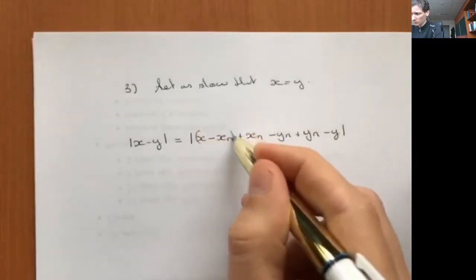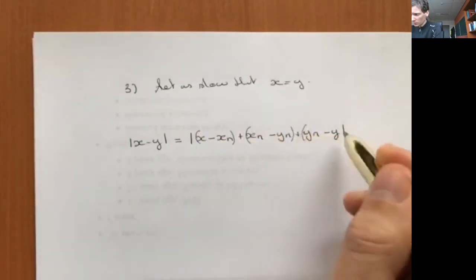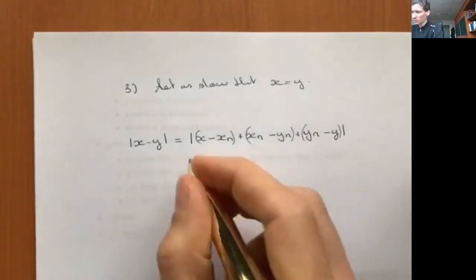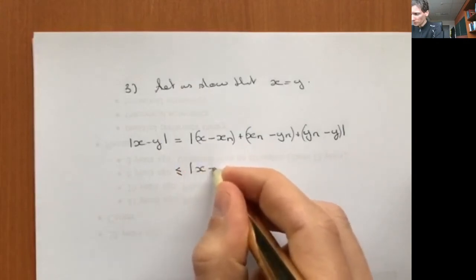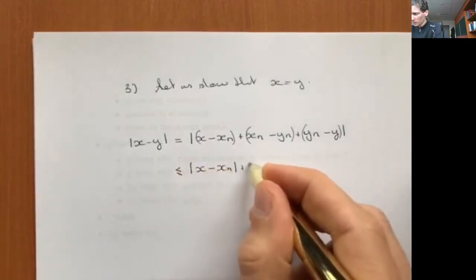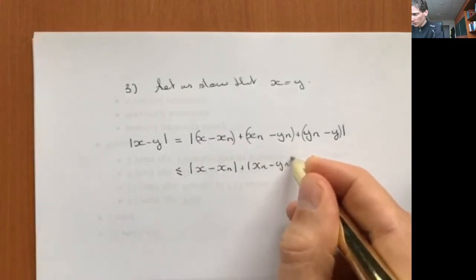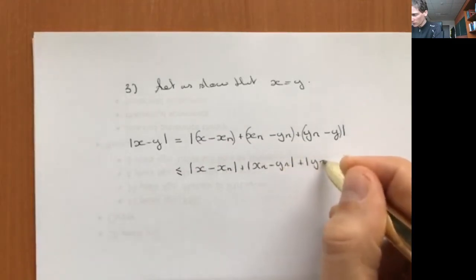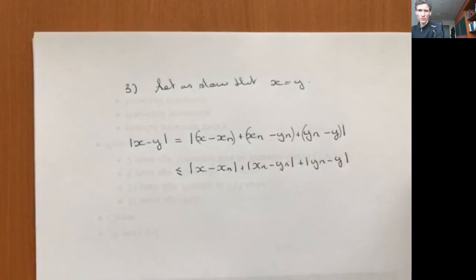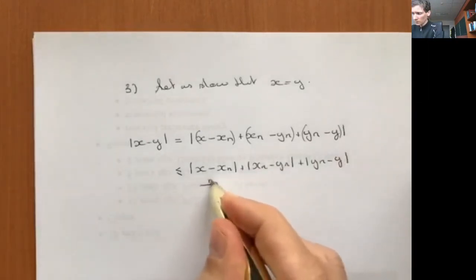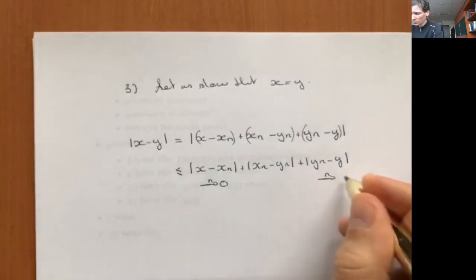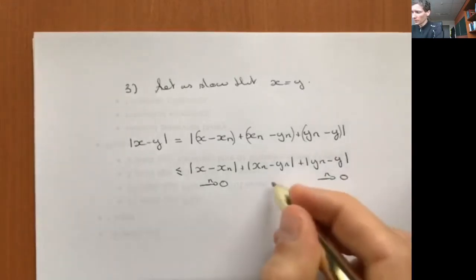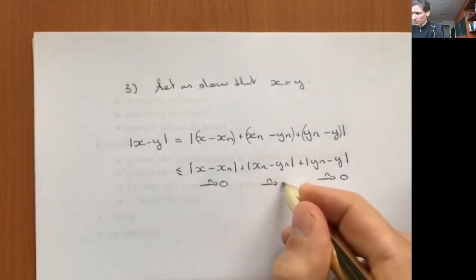This is the absolute value of a sum of three numbers, so you can use the triangle inequality to split it up into three terms: |x minus xn| plus |xn minus yn| plus |yn minus y|. Now the first goes to 0 because xn converges to x. This one also goes to 0 as yn converges to y, and this one converges to 0 because of the result that we saw here.